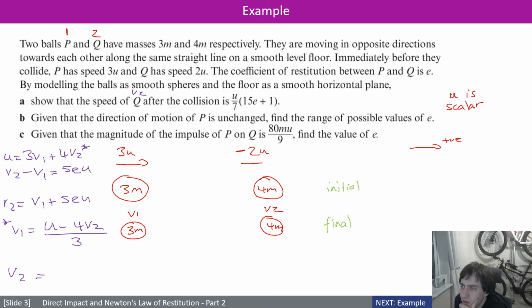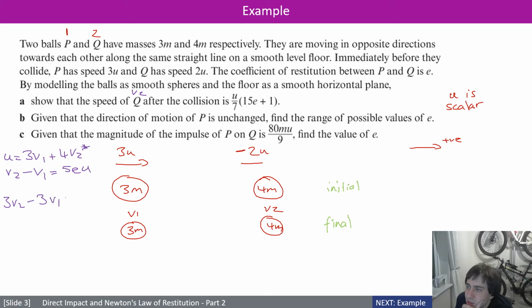Okay, I'm sure one of you has spotted it. I'm actually just going to multiply that second equation by 3. I think that makes things a bit easier. So that second equation is 3v2 minus 3v1 equals 15eu. So now that 3v1 and that minus 3v1 are going to cancel out nicely. We'll add both sides together.